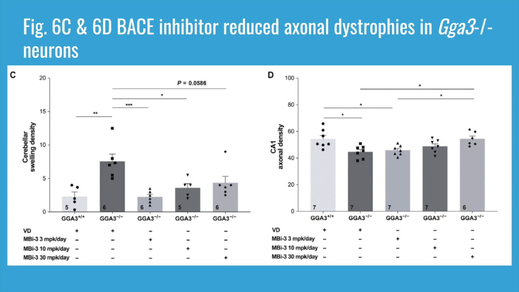And what they saw, as you can see in these graphs here, is that all 3 of the doses that were being given to the GGA3 null mice were capable of preventing Purkinje cells, if you recall, those were the cells in the cerebellum, from swelling. However, in the hippocampus, on the graph on the right, so CA1, they saw that only the highest dose was capable of producing a similar axonal density as the mice which had GGA3.